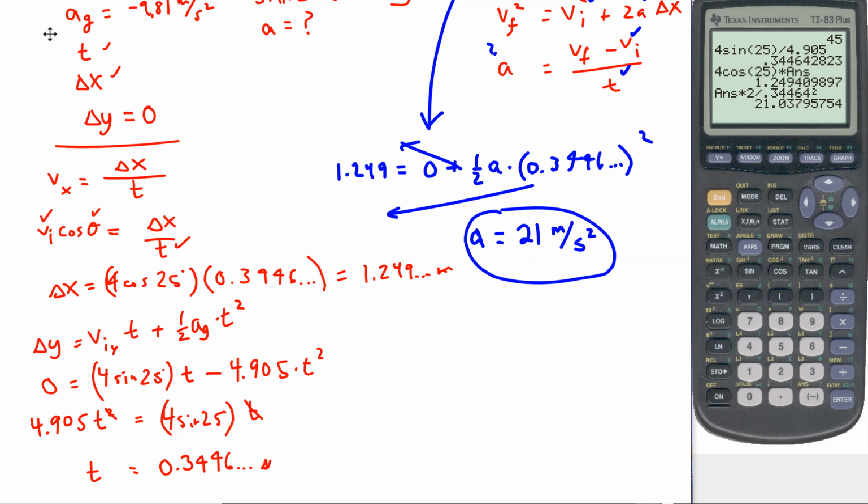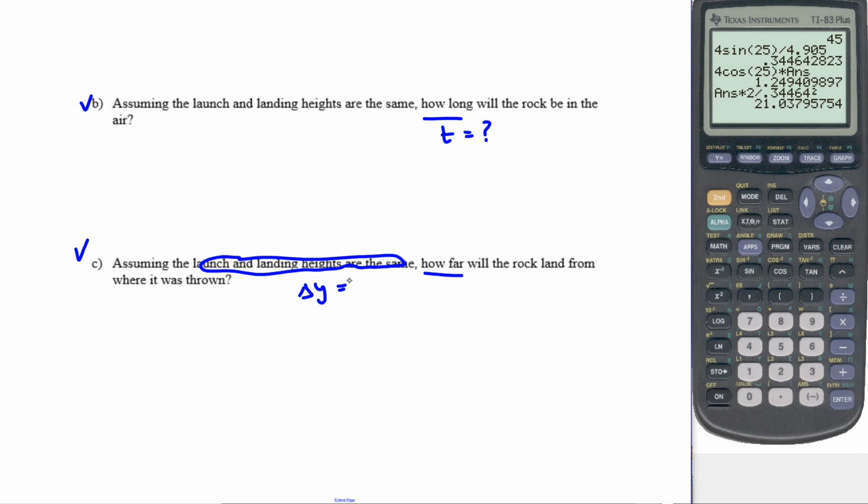Number 1, I'm only going to let you solve B and C because those are really straightforward. Here you just find how long, that's the time. Here you found how far, which really is forward, because launch and landing heights are the same. That means delta y is 0.